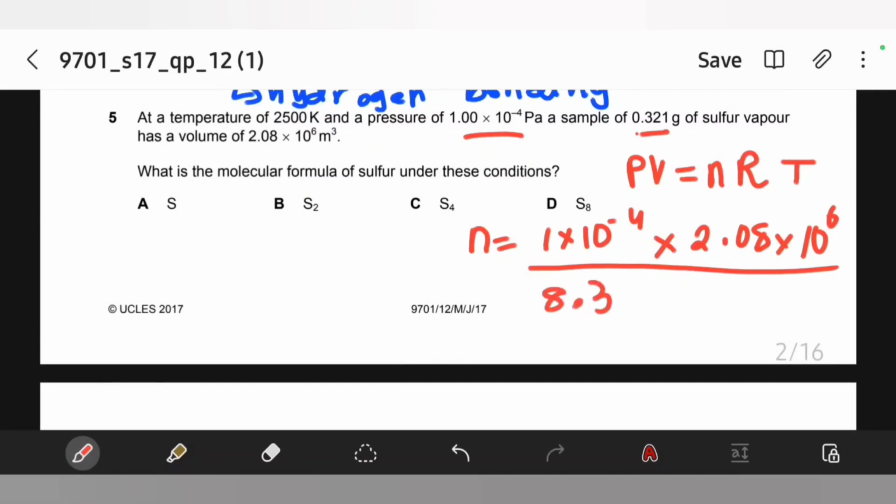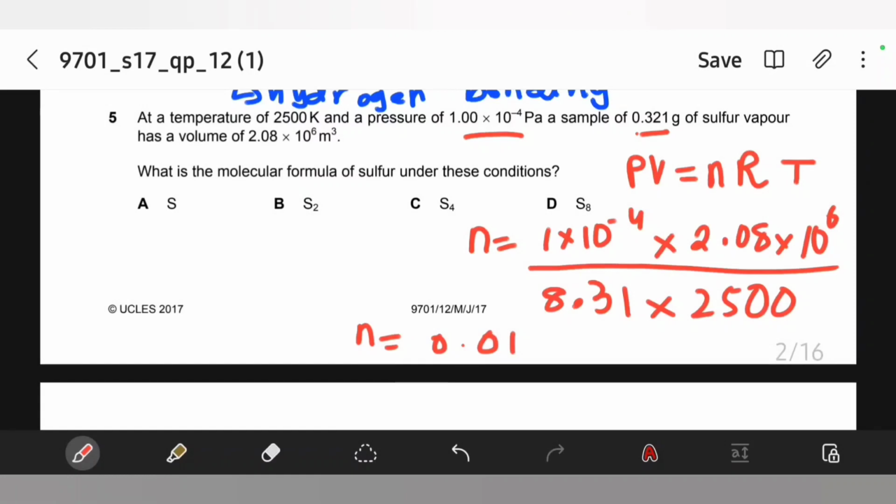You can check the value of R from your data booklet, times 2500. Always write temperature in Kelvin for this one, and doing the calculation you will get n's value as 0.01.